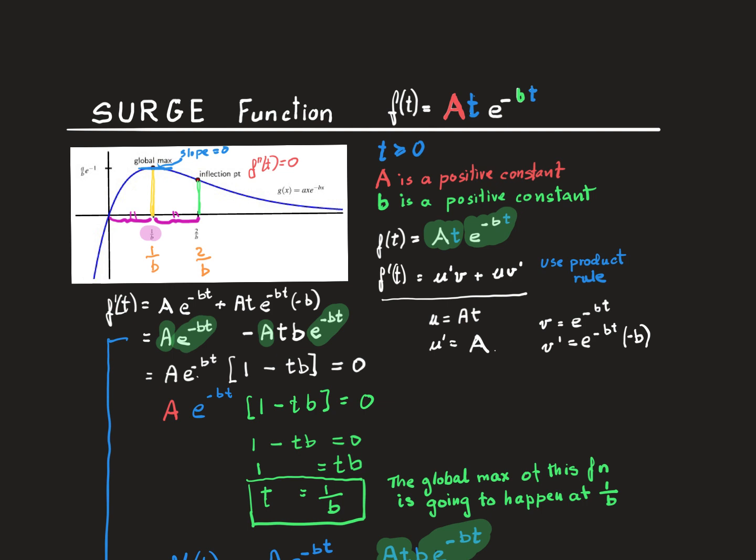Also, by substituting the 1 over b into this function here, you will get the y value as a over b e to the minus 1, and you can also find out the y value of the point of inflection by substituting 2 over b into that function.